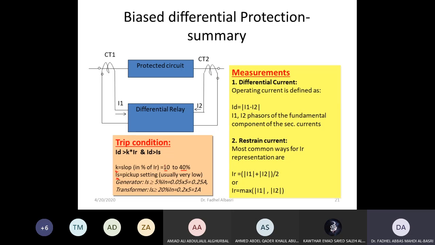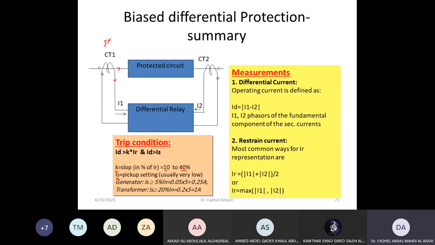Why not less than 10%? Because the normal error of a CT, if I use a 5P class CT, is already 5% error. As a result, I cannot take a slope less than 5%. So you go to 10 now.